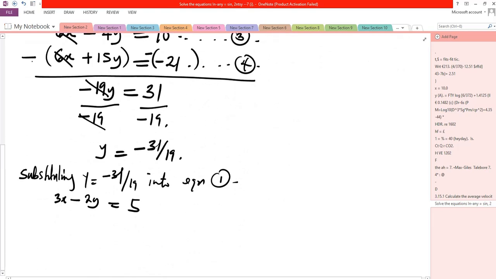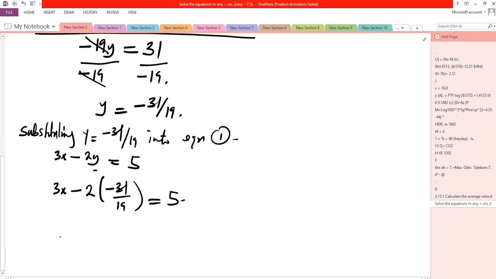Now, since y is equal to minus 31 all over 19, anywhere we see y, we replace it with minus 31 all over 19. So we have 3x minus 2 times minus 31 all over 19 equal to 5. Now you have 3x, and minus 2 times minus 31 will give you plus 62 all over 19 is equal to 5.